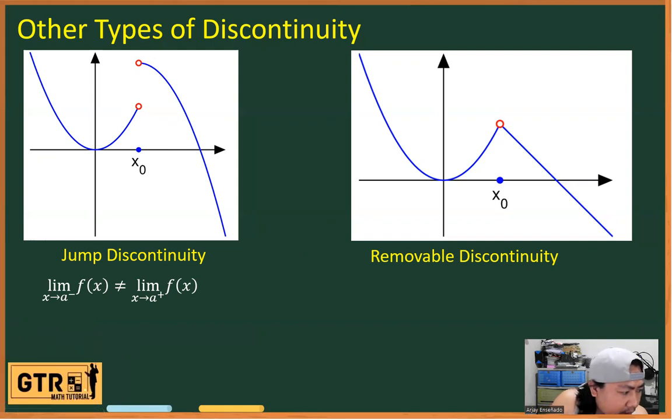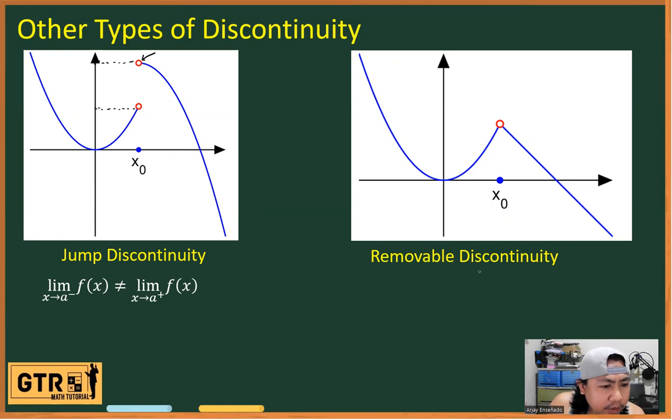So makita natin sa graph, ito yung from the right of A, so approaches this point. So ito yung katumbas niya sa Y, and then from left of A or x sub 0, so this is the value of Y. Ayan. So therefore, magkaiba sila ng limit.